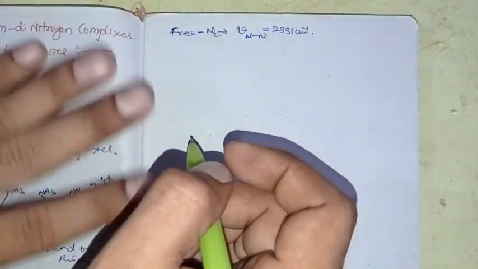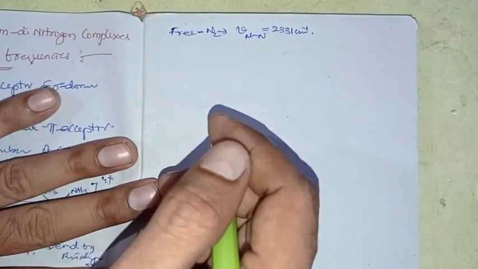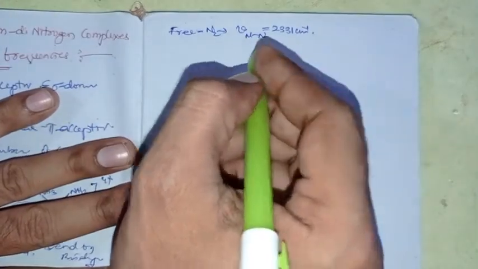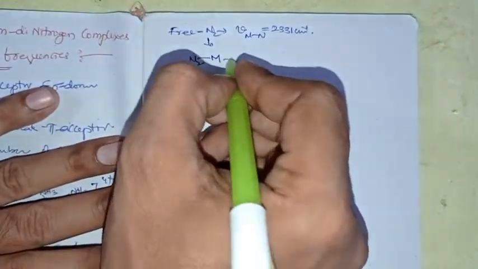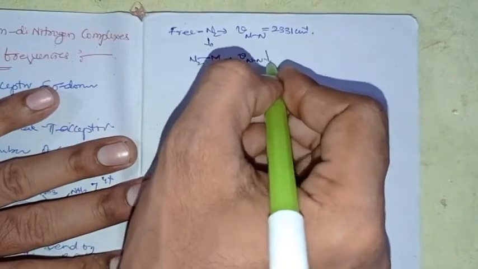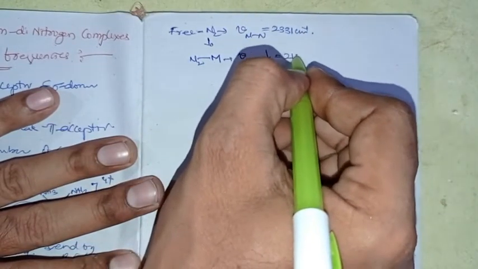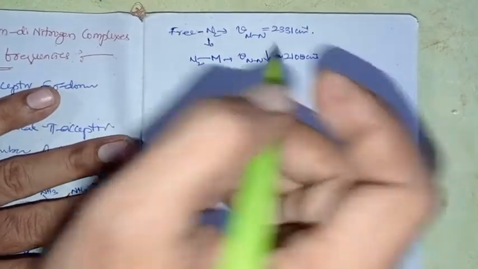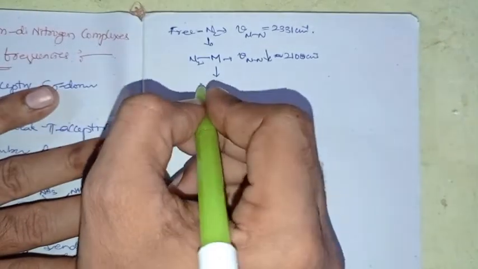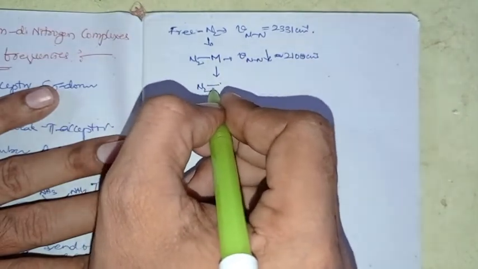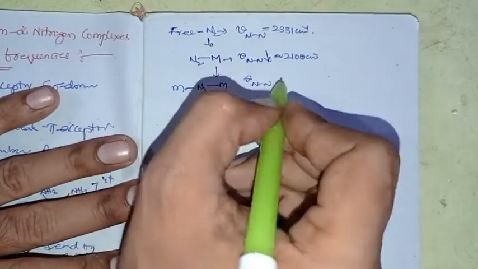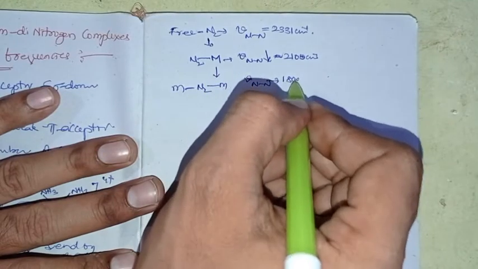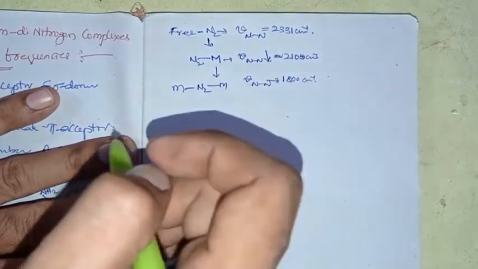When dinitrogen is complexed with a metal, the nitrogen to nitrogen stretching frequency falls to approximately 2100. It decreases further when the dinitrogen bridges two metals, falling to around 1800.